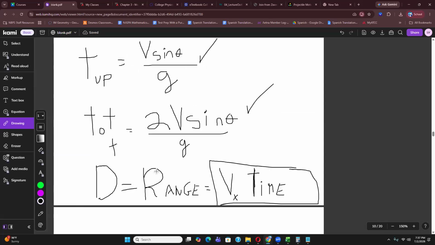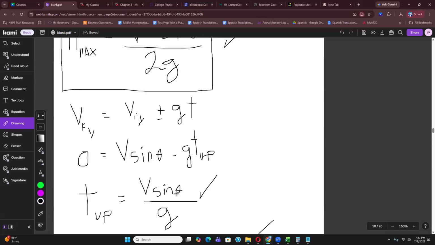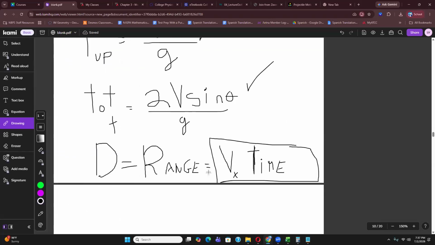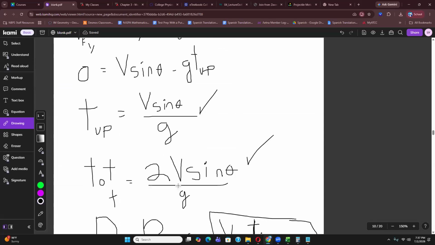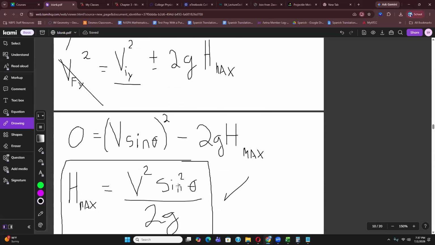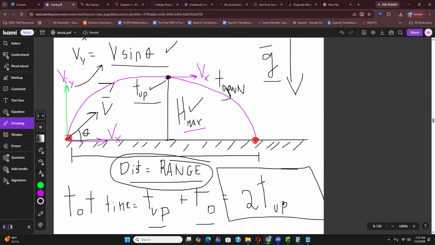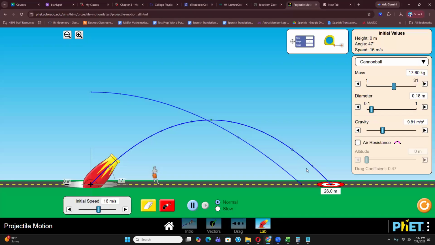So that's how you do the analysis. You analyze the motion on y, and on x is just this. So most of the problem is going to come from the analysis you do in the y direction, right? For the projectile to go up and then down.